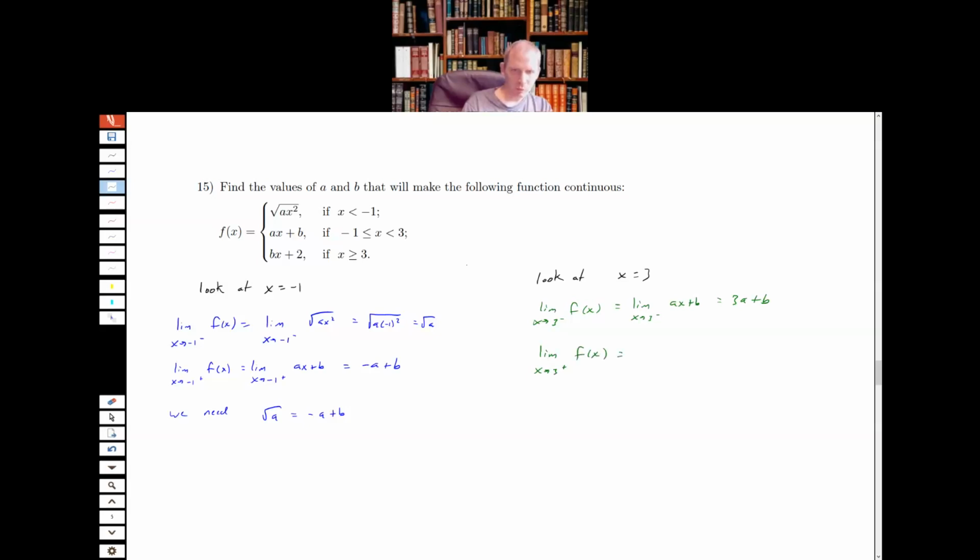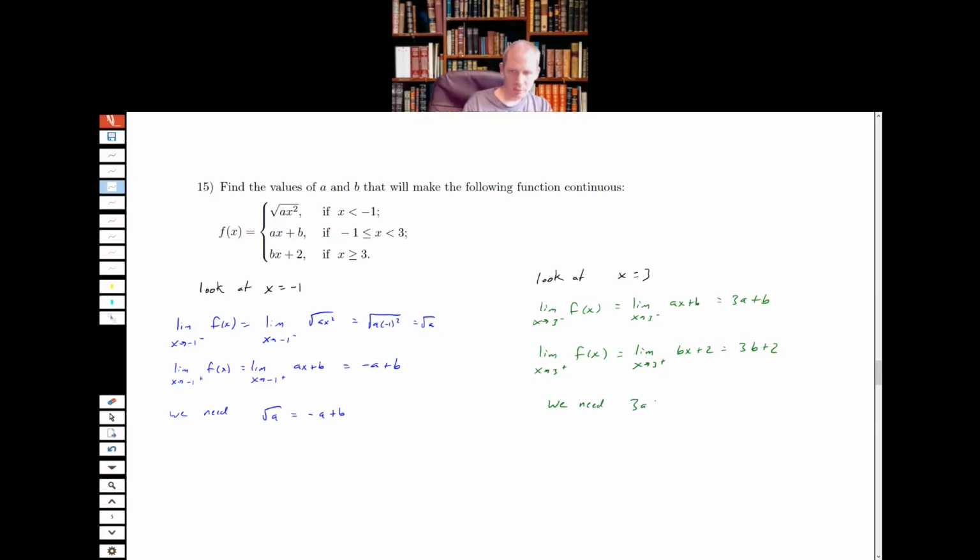Since my x values will be bigger than 3, the formula is bx plus 2. So I'll replace the x with a 3, so we'll get 3b plus 2. And once again, I want the limit from the left and right to match in order to make it continuous.